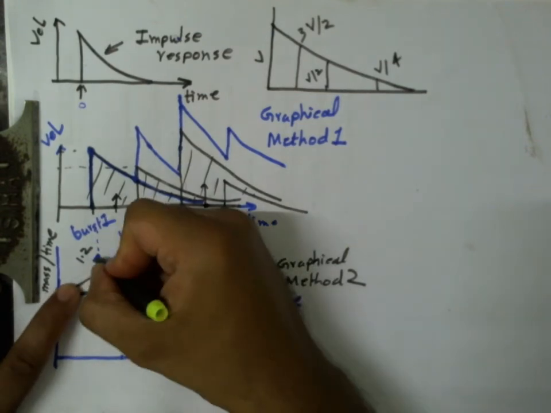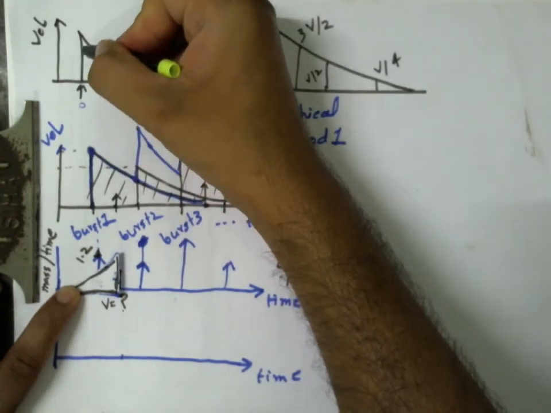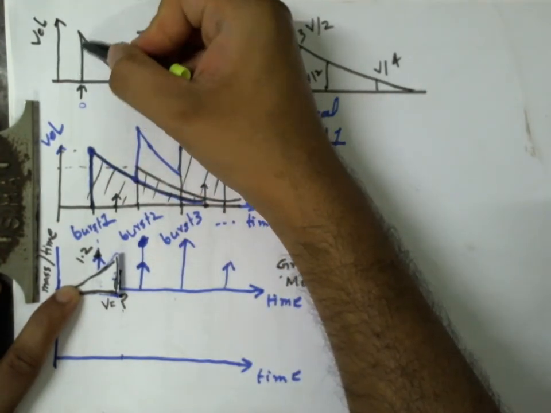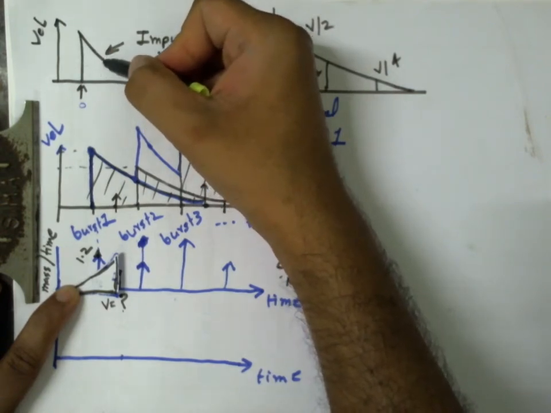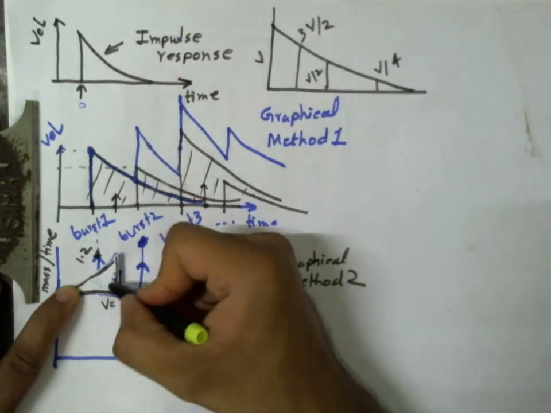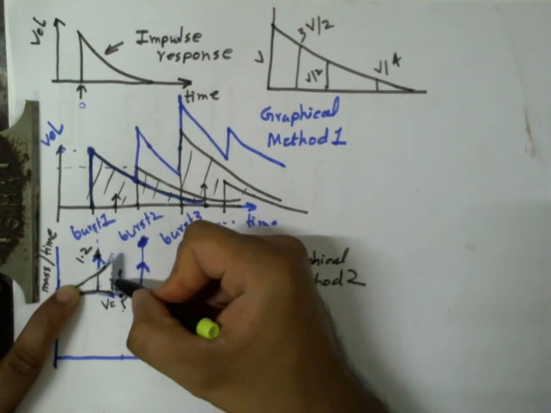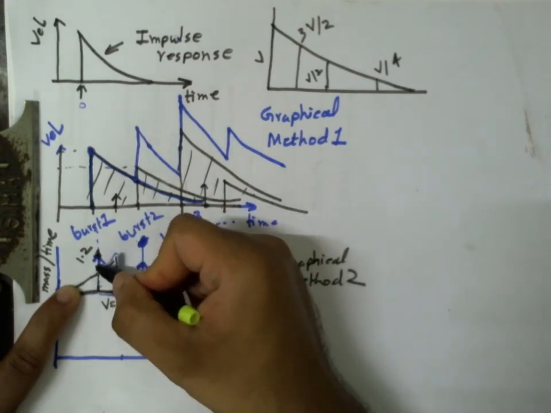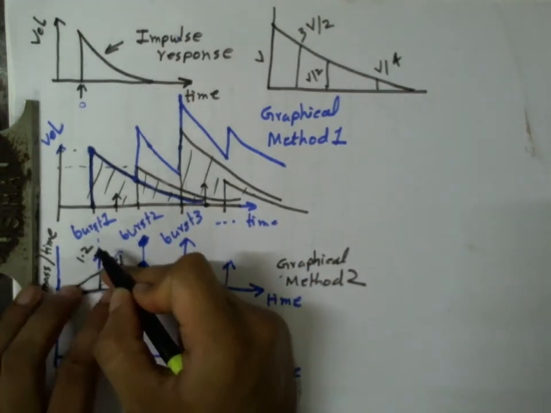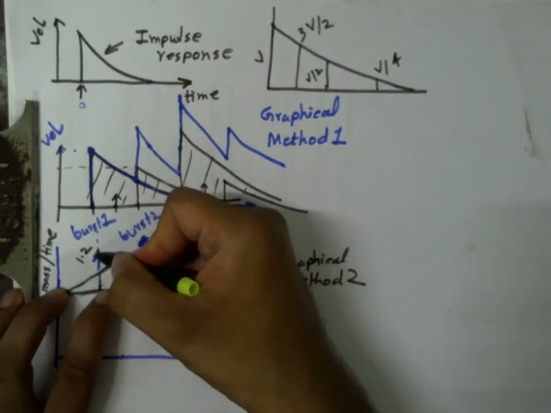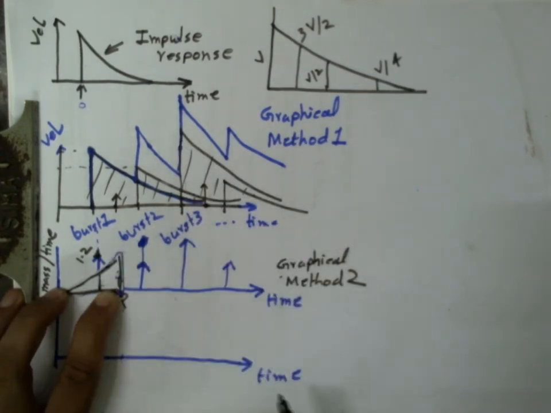right? Now we know that if here I have an impulse of height 1, then at this point I have a velocity of say v by 2. Here you see that at this point I have an impulse of 1.2, which tells me that the effect of this impulse at this point will be v by 2 times 1.2.